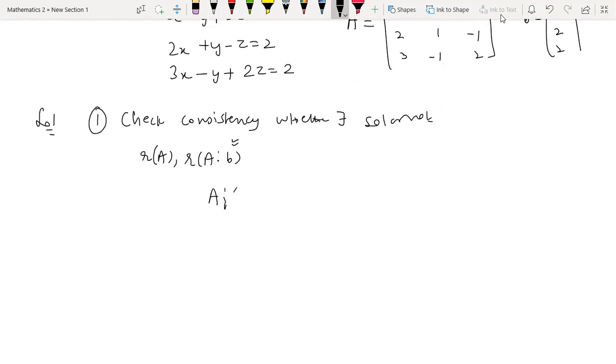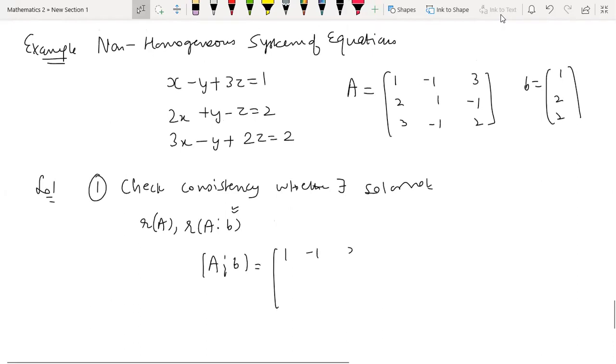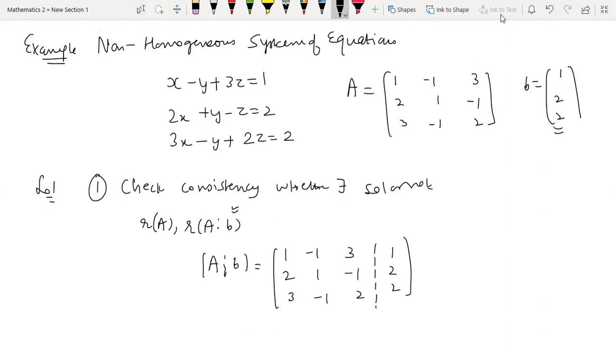So how to construct the augmented matrix? This is 1, minus 1, 3, 2, 1, minus 1, 3, minus 1, 2. And here you just make a virtual partition in order to remember that this is not the coefficient matrix, this is the augmented matrix. The last column is B, the right hand side one.